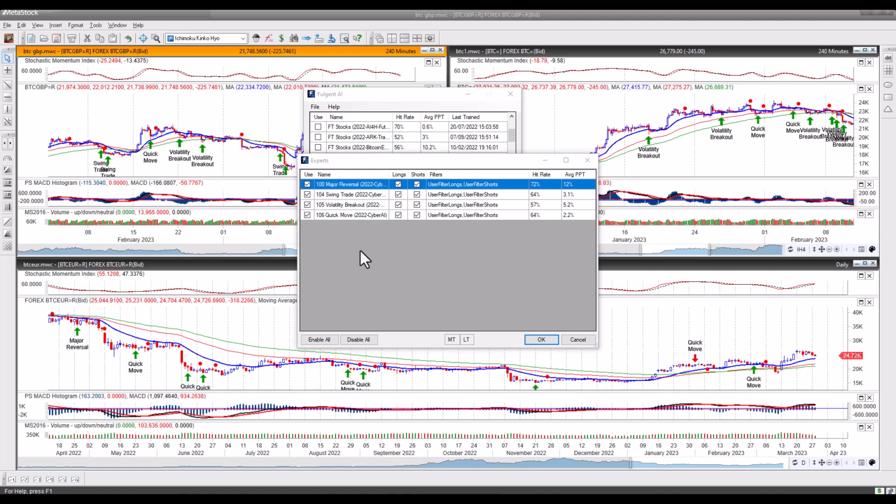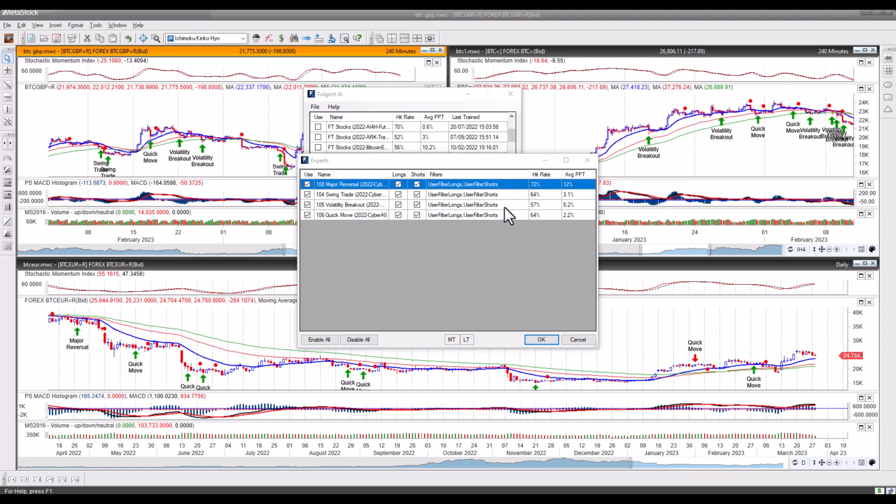These are the end of day signals on the day chart time frame. Average profit per trade is 12% over the testing periods. This uses many years of trading data. The swing trade strategy is about 64% accurate, with an average profit per trade of 3% over the testing periods. That's the average over thousands of trades, so it's quite a large universe of trades that these average statistics are based on.